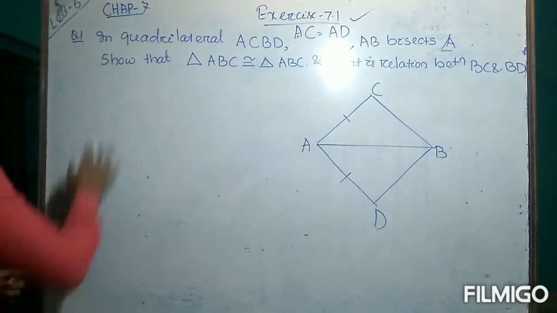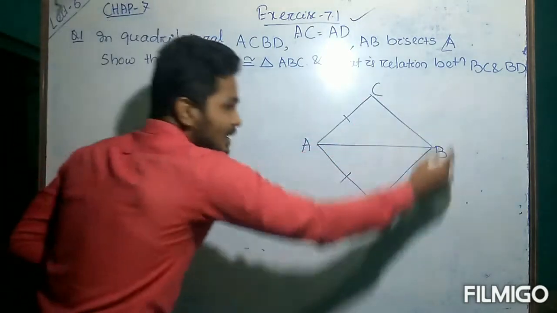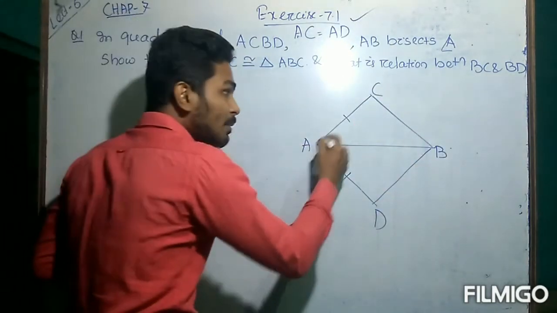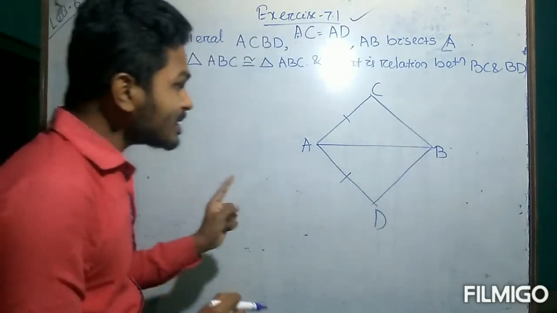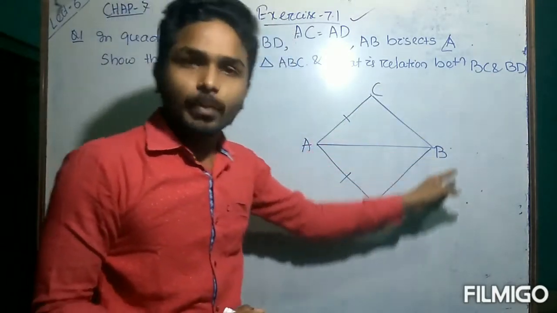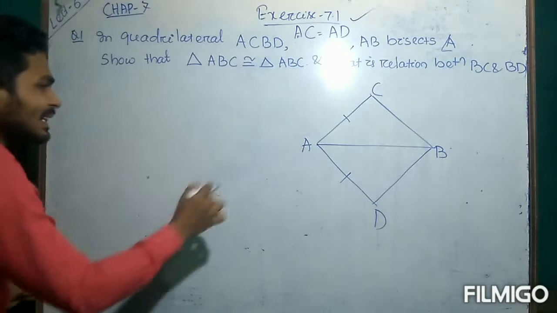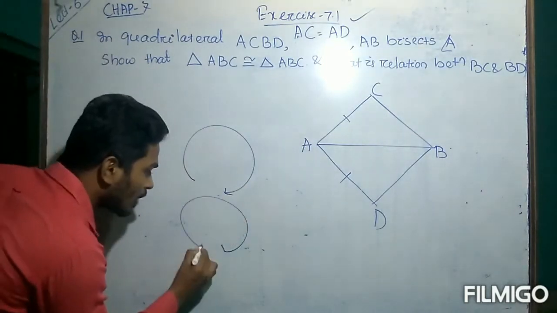The first question is: in quadrilateral ACBD. Here is a figure and the name of the quadrilateral is ACBD. Whenever you name a quadrilateral or any geometrical figure, always write it in either cyclic order or anti-cyclic order.